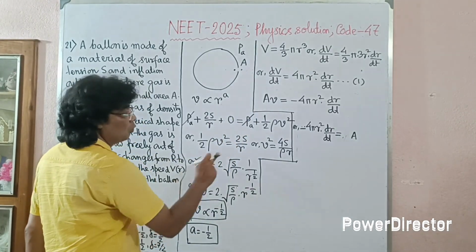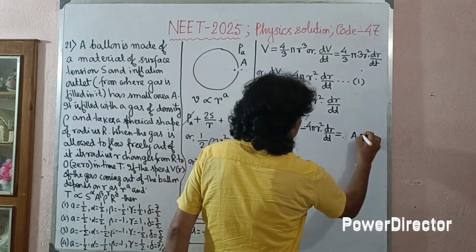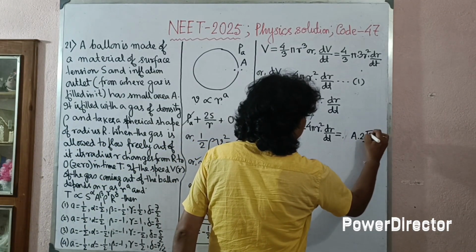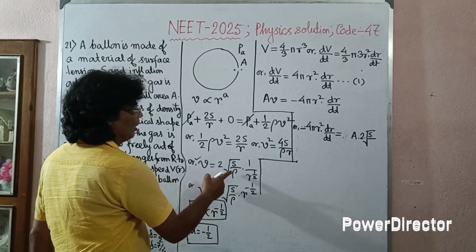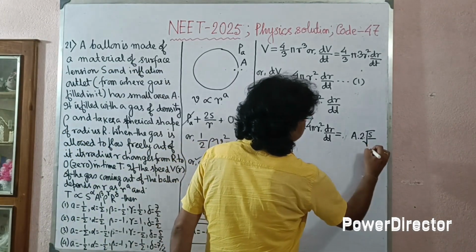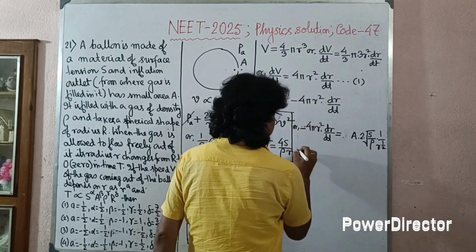From here we put the value of small v, 2 root S by rho, 1 by r to the power half.